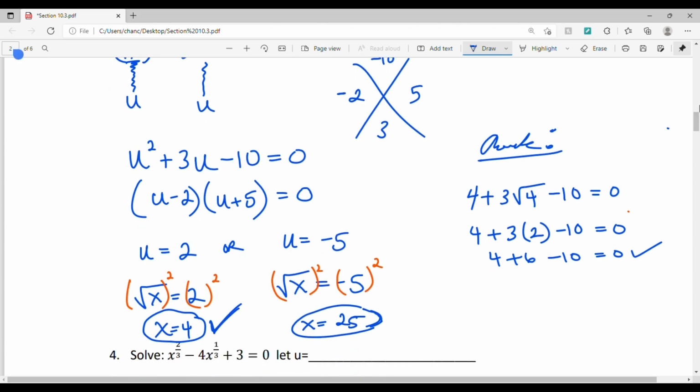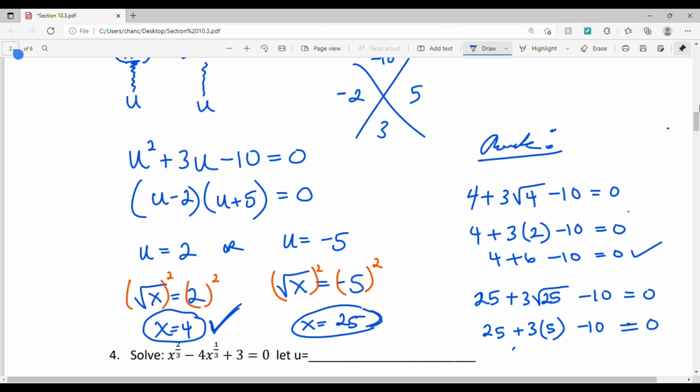If you do the same thing with 25, we'll substitute a 25 into the original equation. We'll check to see if this is true. We have 25 plus 3 times the square root of 25, which is 3 times 5, minus 10. Well, that's not going to be equal to 0.